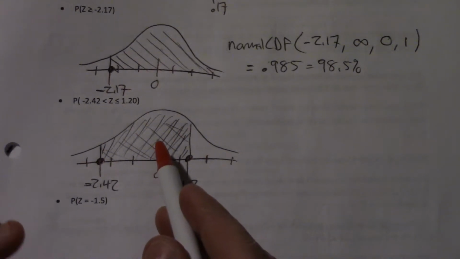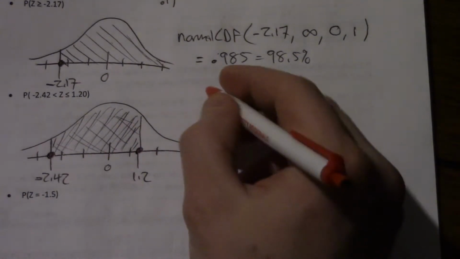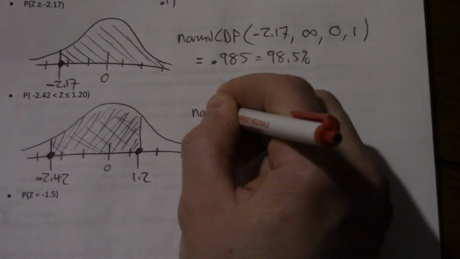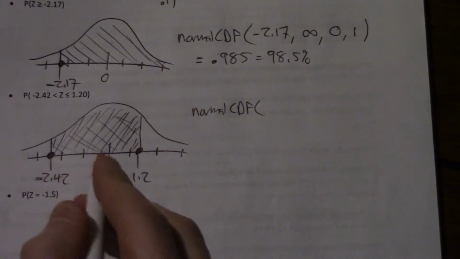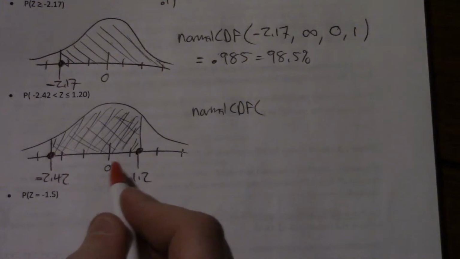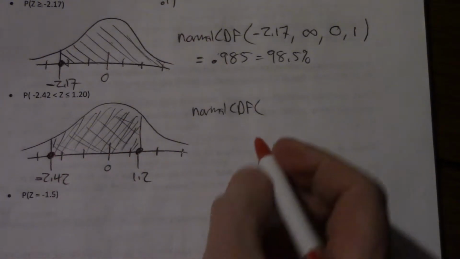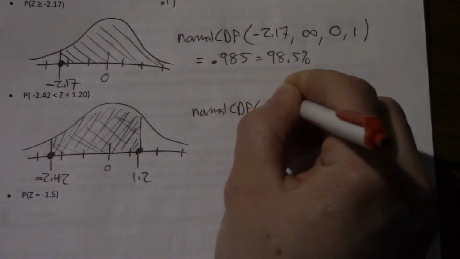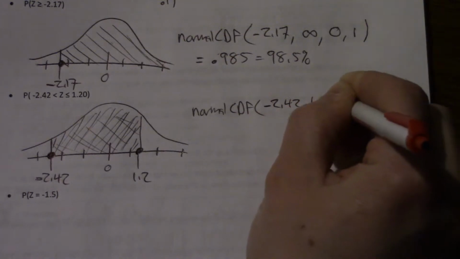Okay, so what is this probability? And again, we'll use the normal CDF. We're finding a probability from a normal distribution. This one's more straightforward in the sense that we don't have to deal with the infinities. We're beginning at negative 2.42. We're ending at 1.2. The mean is 0.